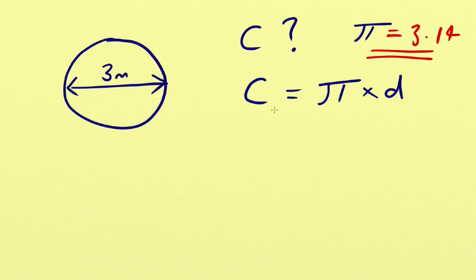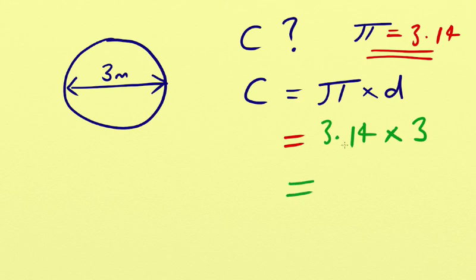It just means that the circumference around the edge of a circle is always 3.14 times bigger than the diameter. And the diameter in this example is 3 meters, so we can replace the d with a 3. All we're left with is a simple 3.14 multiplied by 3.